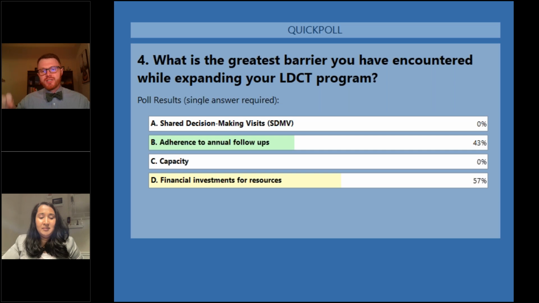Some of the ways we help overcome that is to leverage all of the capable people to do the shared decision-making visits, whether that's APPs or RNs, and then working with our radiology colleagues to block different slots and times throughout the day to have our scheduler be able to just drop those patients on the schedule. So that's one good way to help manage that.